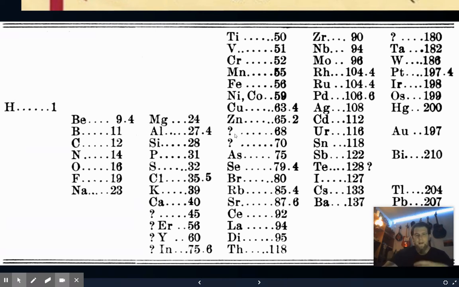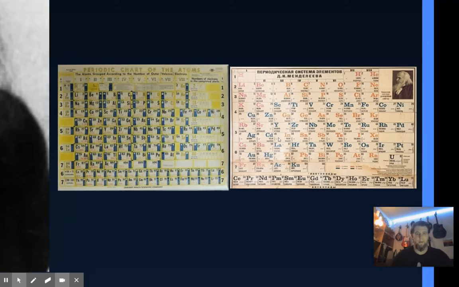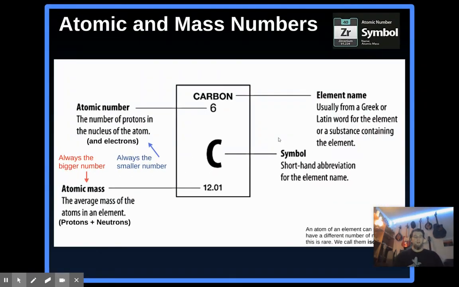And so he was able to, based off of elements that were known and discovered, make predictions that were incredibly accurate about unknown ones based off of that atomic number. All right, and so this is some of the beginning ones and how it sort of started. And we can see it has familiar symbols of our current periodic table, but it has changed vastly over time, which is really neat.